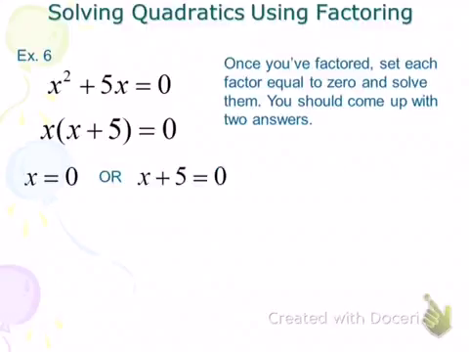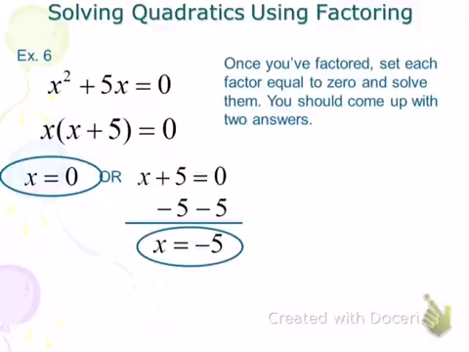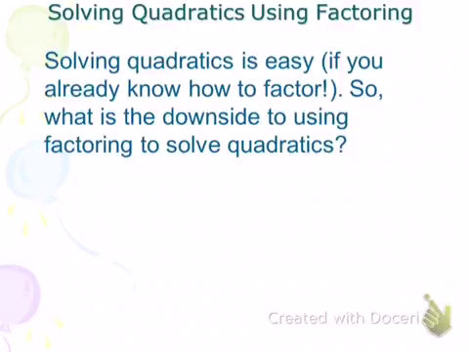And then we'll have x equals 0 or x plus 5 equals 0, which means one of our solutions is already here. A lot of people get confused at this point. Well, what do I do with that? You don't do anything with it. That's one of your answers. X plus 5 equals 0 means x can be negative 5. So our two solutions are 0 or negative 5.